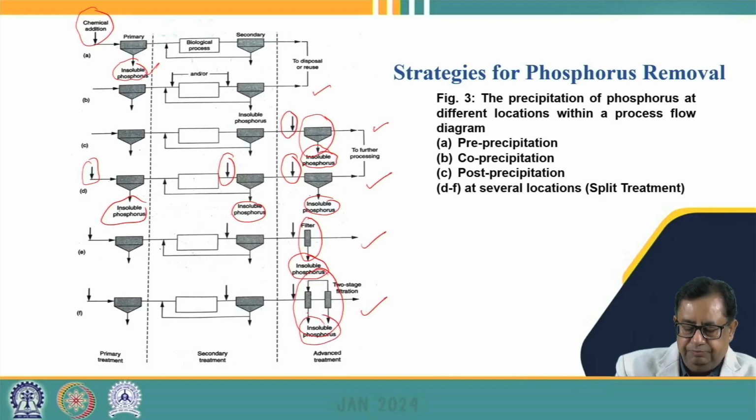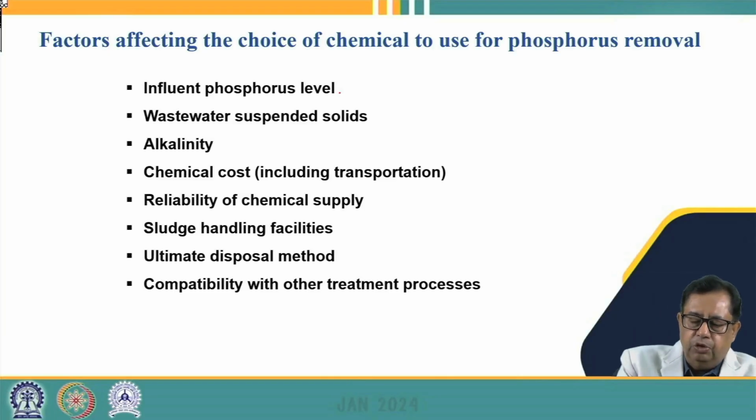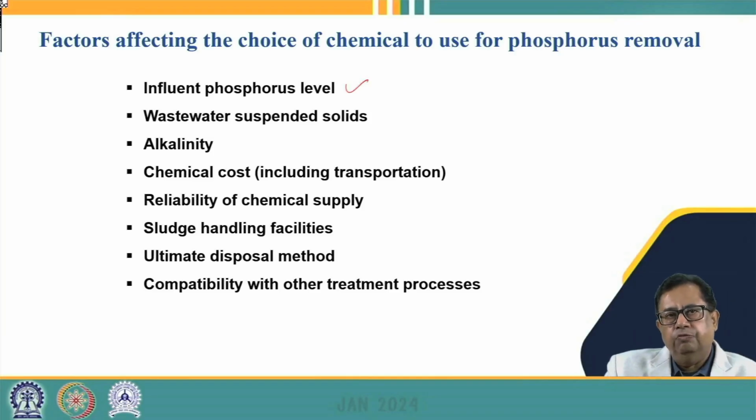So there are a number of factors which will affect the choice of the chemicals which we want to use for the phosphorus removal. For example, it will depend upon the influent phosphorus level, and also upon the level of phosphorus that we want in the effluent. Based on that, we can choose which chemical will be the best and can remove the phosphorus to that desired level.